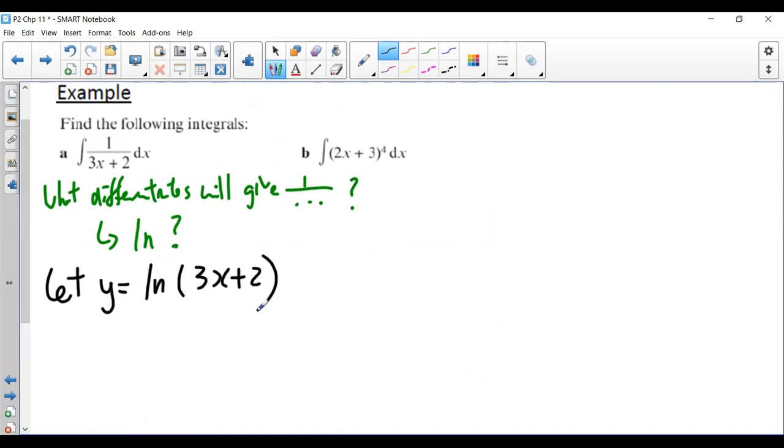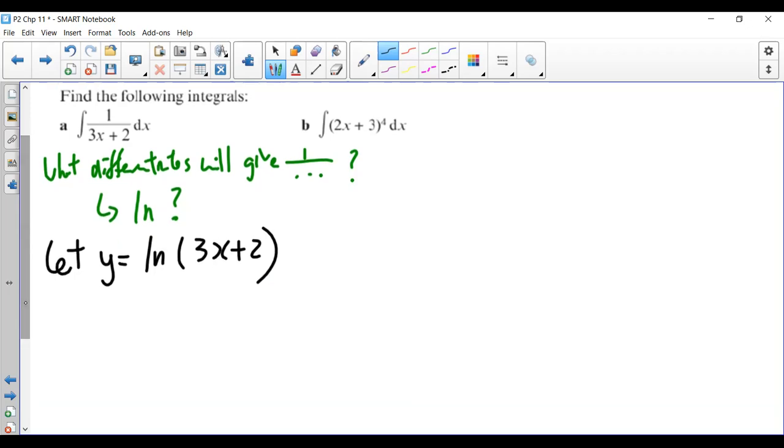Now, where did it come from? I'm guessing differentiating ln will give me 1 over. Therefore, let y equal ln 3x plus 2. This is my guess to the answer. So I'm guessing integrating 1 over 3x plus 2 will give me ln 3x plus 2.